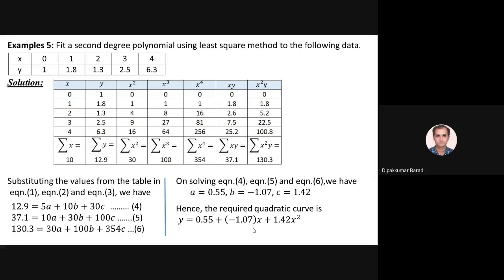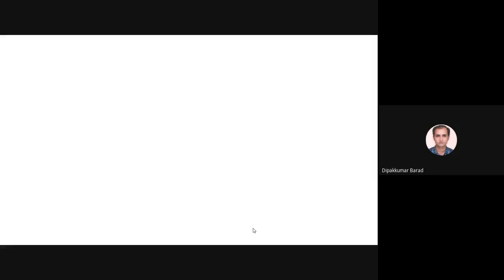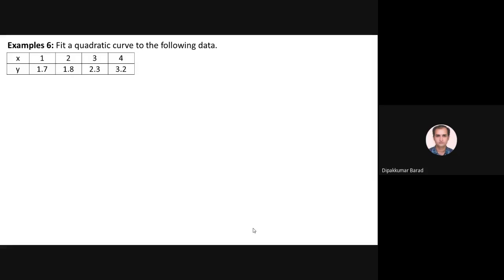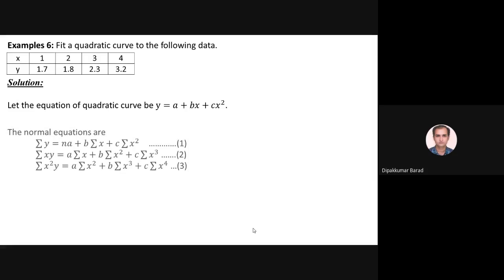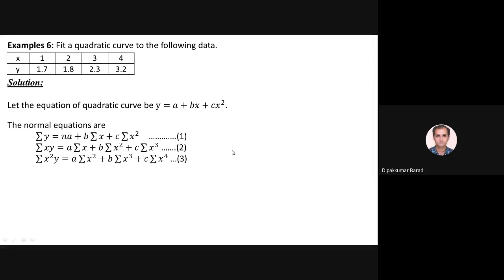Now example number 6. Fit a quadratic curve to the following data. So again, y equal to a plus bx plus cx square, and you have only 4 data points. The normal equations are these: apply summation on the given equation, so you get the first one.